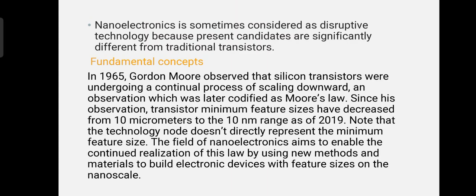Since his observation, transistors' minimum feature sizes have decreased from 10 micrometers to the 10 nm range as of 2019. Note that the technology node doesn't directly represent the minimum feature size. The field of nanoelectronics aims to enable the continued realization of this law by using new methods and materials to build electronic devices with feature size on the nanoscale.